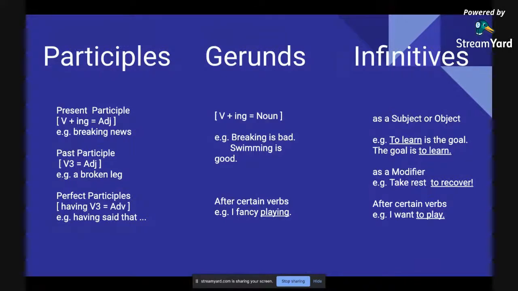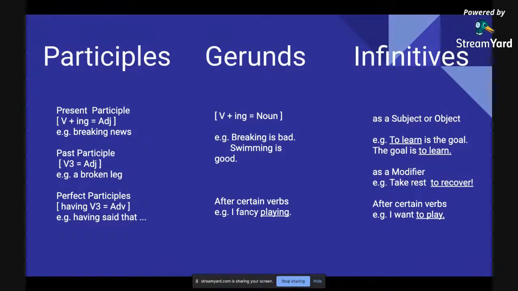It demands ing on the next verb, whereas want demands the preposition to after itself. Therefore, these two sentences mean roughly the same thing, but structurally they differ. I fancy needs a gerund after itself, therefore verb plus ing, and I want needs an infinitive after itself.